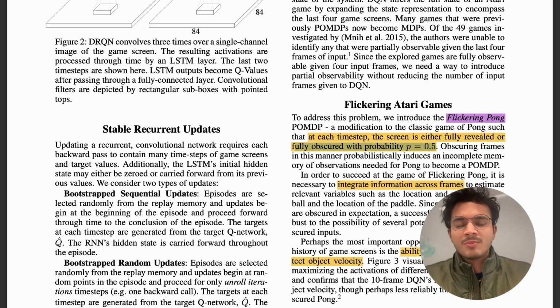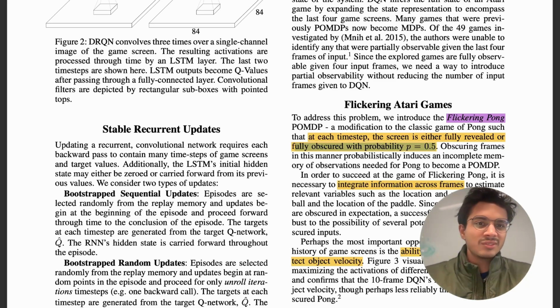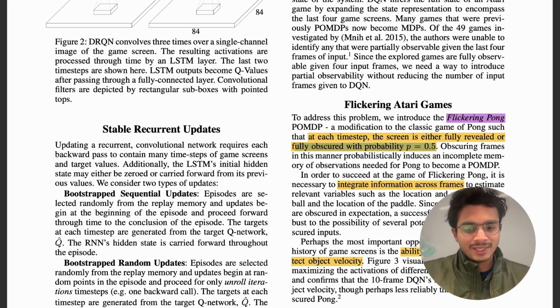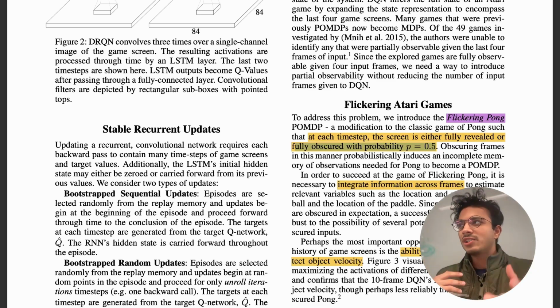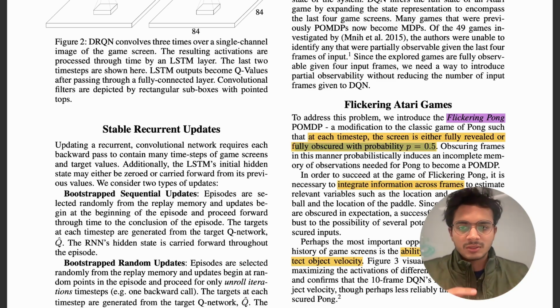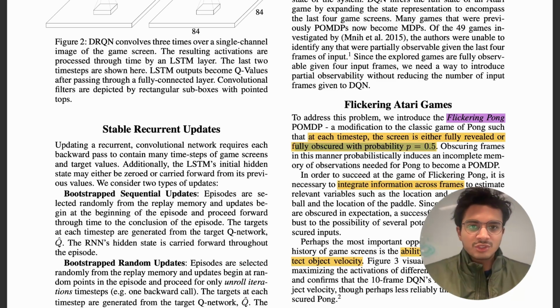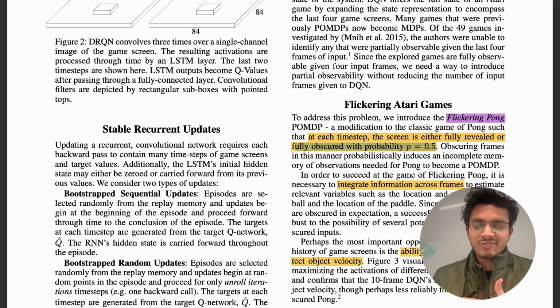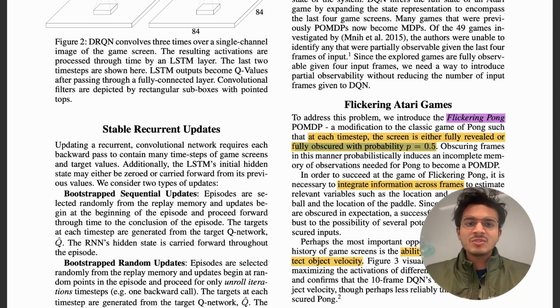It's flickering with a probability of 0.5, which in my opinion is really big, because at the limit you can think of it as the AI not being able to see the observations for almost half of the time that it is playing the game, and it has to make some assumptions about what direction the ball might be moving, because the AI does not have multiple of the previous frames at all, since this probability is 0.5 and it's completely random.